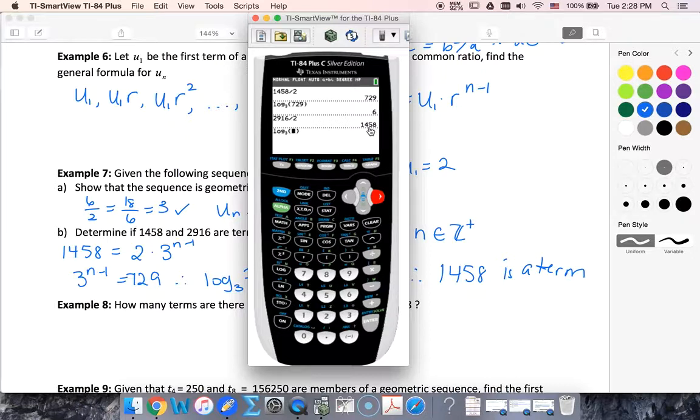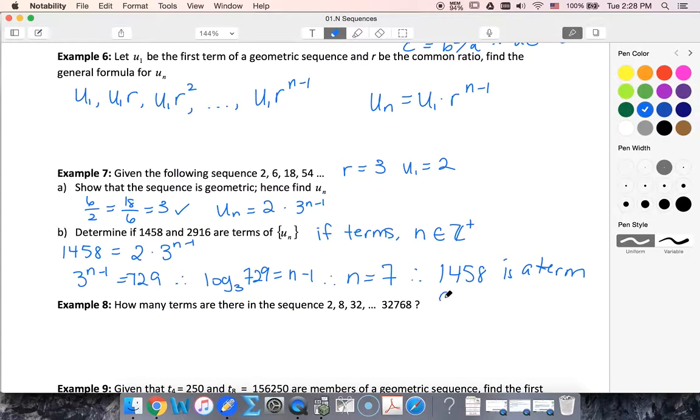So I don't think there's going to be anything that I'm going to be able to do with a power of 3, because I know 3 to the 6th was 729. So 3 to the 7th is going to be greater than 1458. So I think that my solution here is not going to be an integer. It's going to be a number between 6 and 7. Therefore, 2916 is not a term.